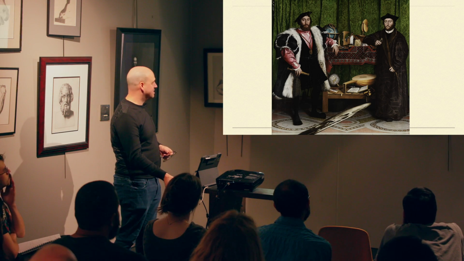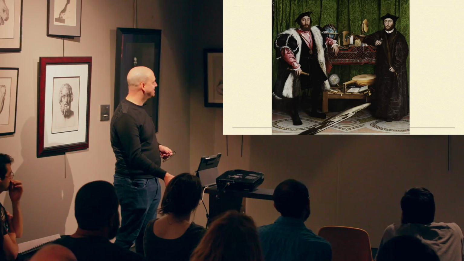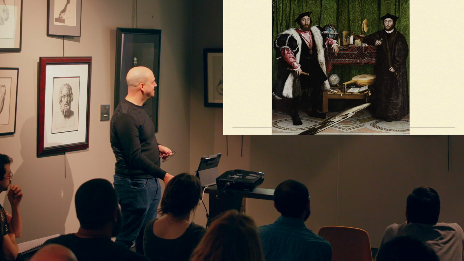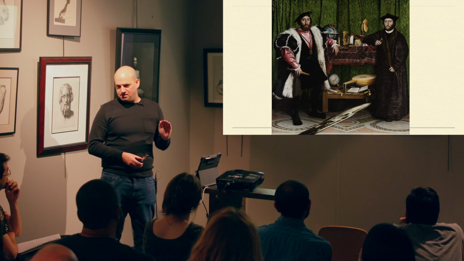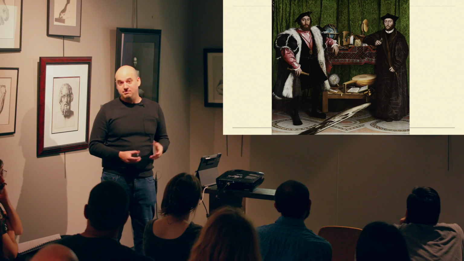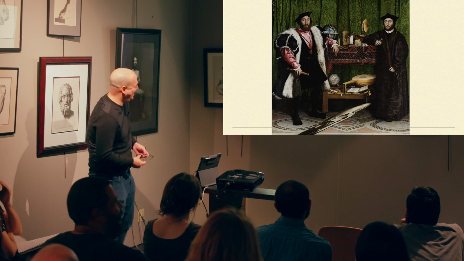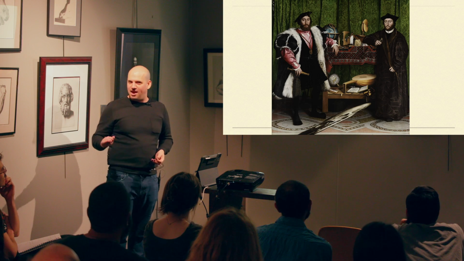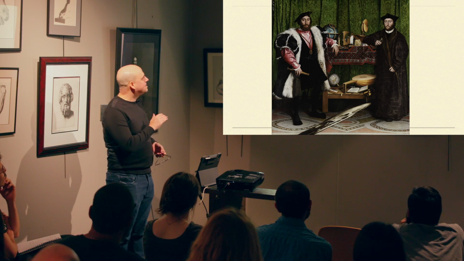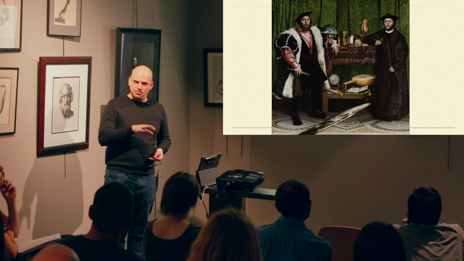So annoyingly, 90% of this painting is painted in one layer. I hate that. Most of this is done in one shot. The faces do have about 2 to 3 layers.